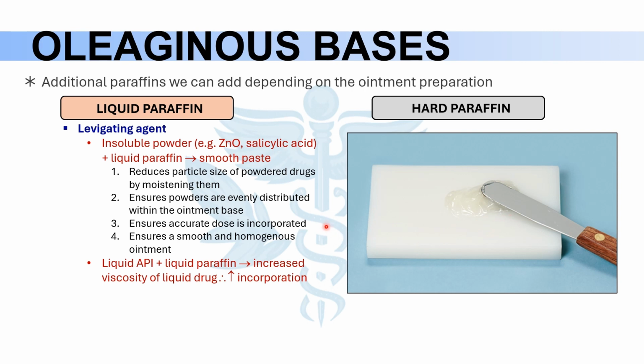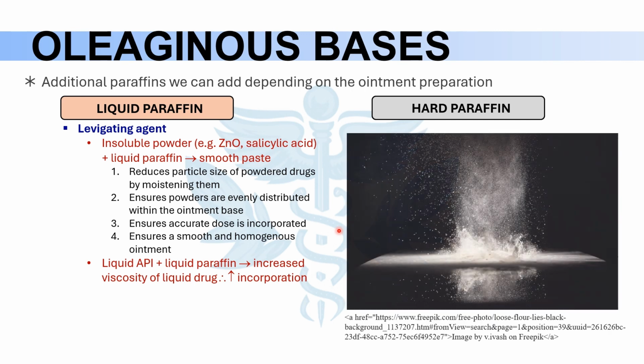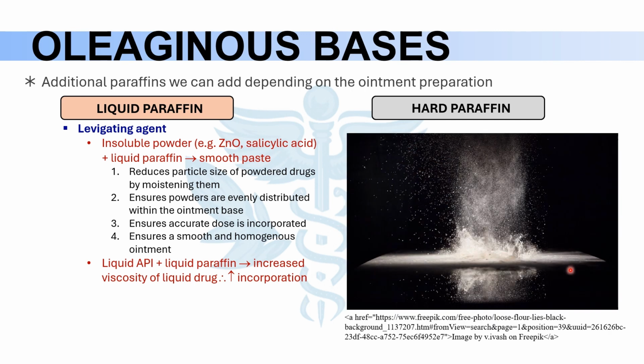We also need to ensure that an accurate dose is being incorporated into our base. And this is a very important concept because, in general, it's difficult to deal with powders. Why? Because, as you can see from this diagram, this is what happens. And consequently, we would lose a significant amount of our drug.